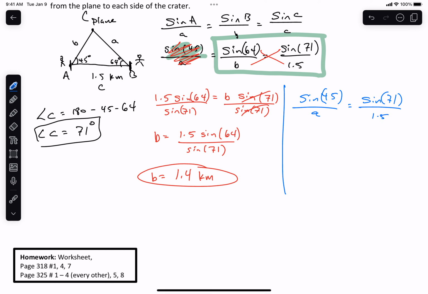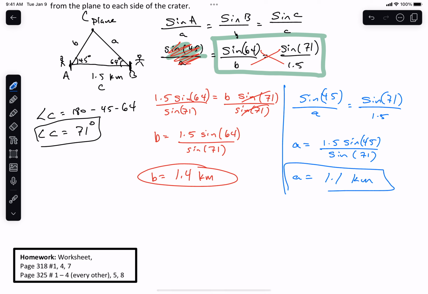Do the exact same work, and you'll find that A should equal 1.5 sine 45 divided by sine of 71. And again, just a calculator exercise, you should get that 1.1 for that one. Okay, so then at the very end, you write your therefore statements, and you're all good.